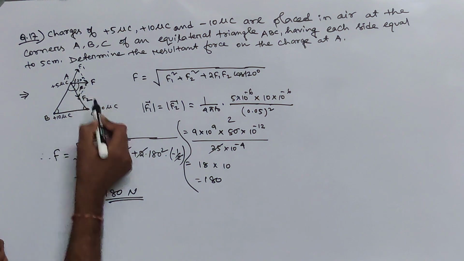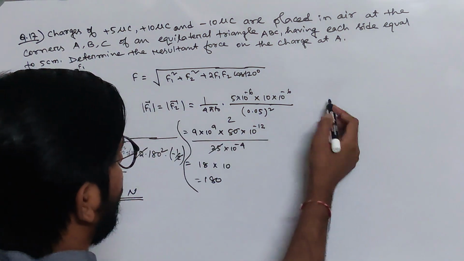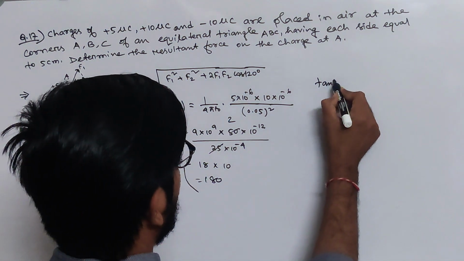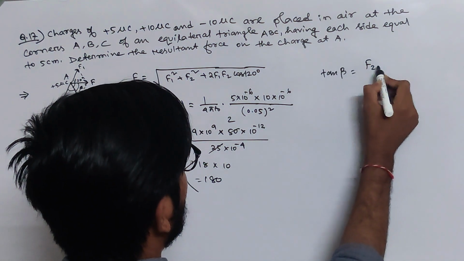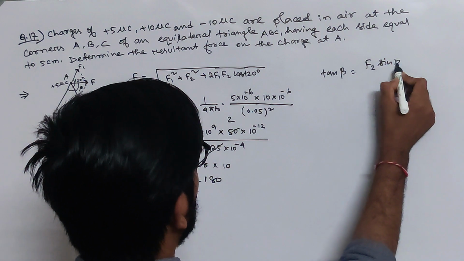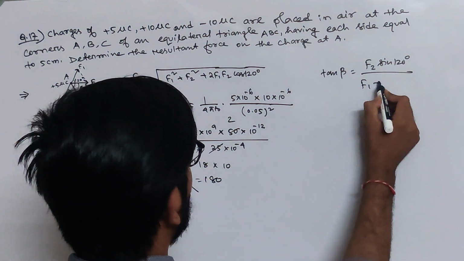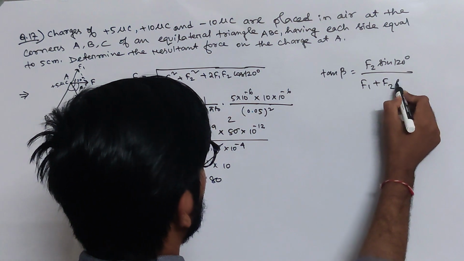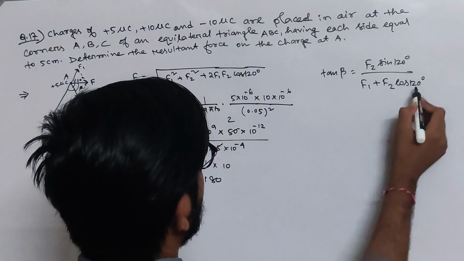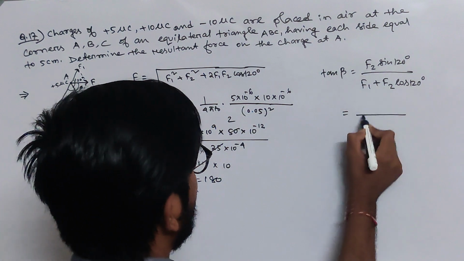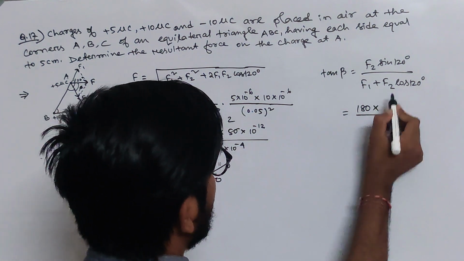We can understand, but we have studied the parallelogram law. From there is a formula: F2 sine 120, because 120 is the angle between F1 and F2, divided by F1 plus F2 cos 120 equal to... what is F2? F2 is 180 sine 120.